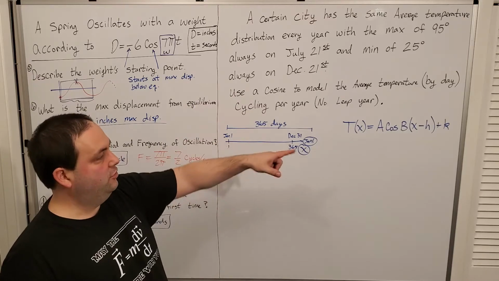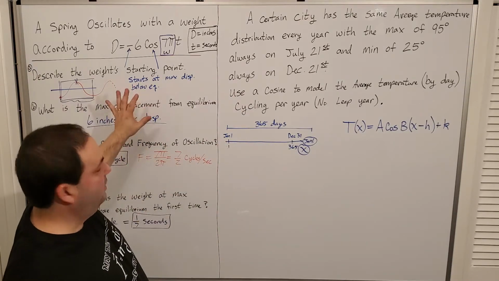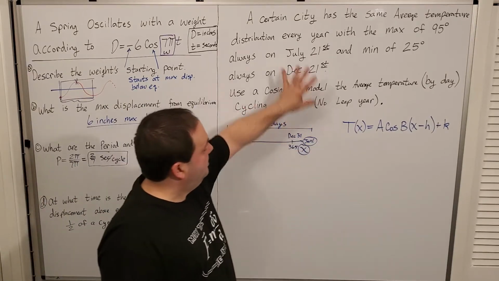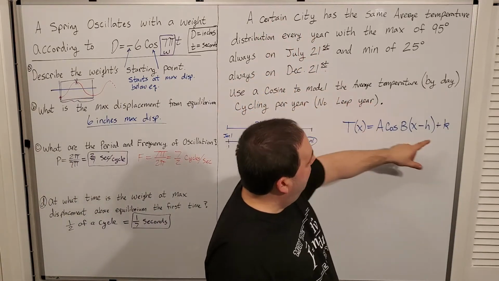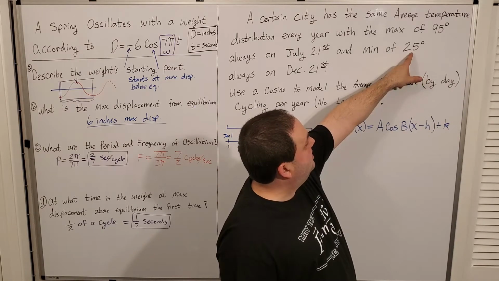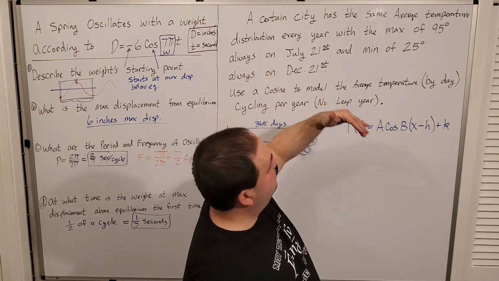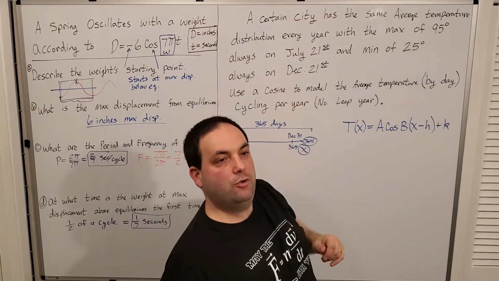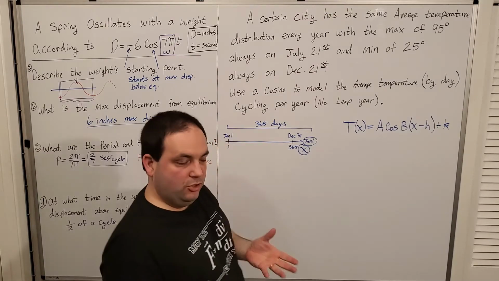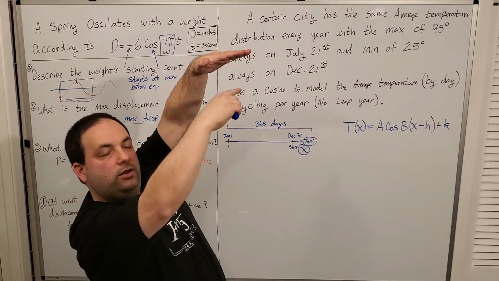And I don't have to do the plus k because I can basically call the equilibrium 0 for these kinds of applications. But in something generic like this, obviously it's been shifted upward from 0, because 0 isn't even included in my temperature range. My range is from 25 to 95 degrees. So it's obviously been shifted upwards, and it's bouncing between those two temperatures.